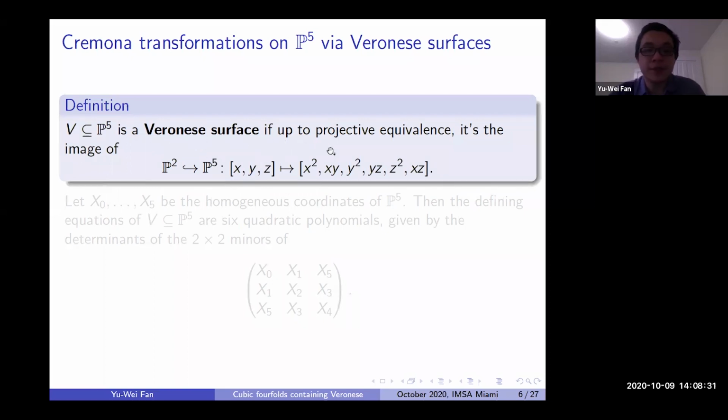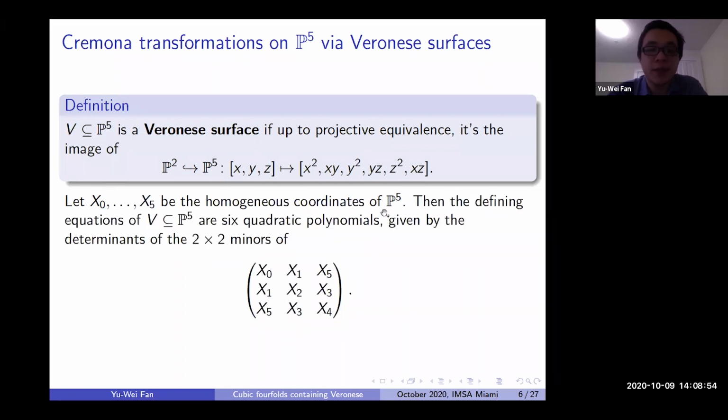It is given by this embedding of P2 in P5 by these quadratic monomials. And we can write down the defining equations of the Veronese. Suppose x0 through x5 are the homogeneous coordinates of P5. Then we can write down the defining polynomials.